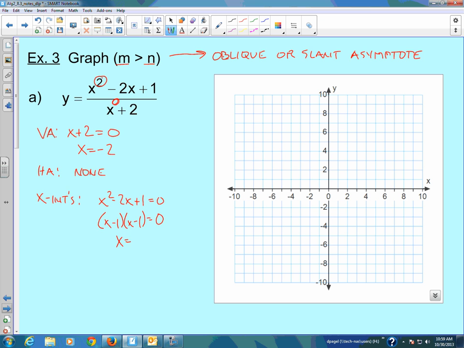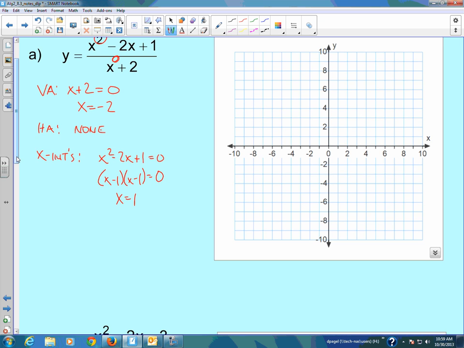So x equal 1 is your sole x-intercept here. All right, and then let's take a look at the oblique asymptote. So because we have no horizontal asymptote, this is going to lead us to how do we find the oblique asymptote, or the slant asymptote.